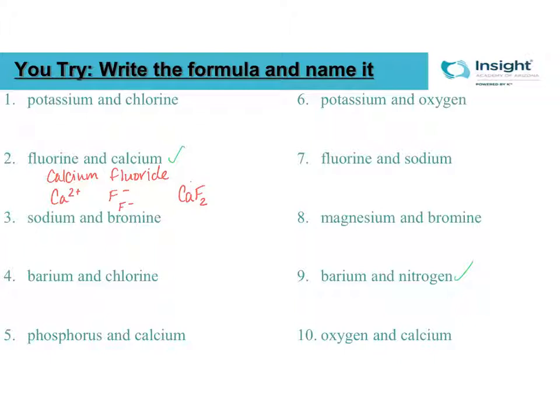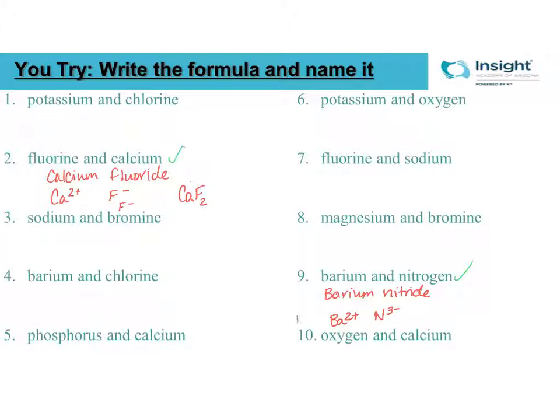All right. So barium and nitrogen, barium's my metal, so it'll be barium nitride. And then barium is also in column 2A. Nitrogen is in column 5A, so that's going to be a 3 minus charge. All right. If you remember what we just talked about on the last slide, when I see 3 and 2, that means I got to get to a positive 6 and negative 6.